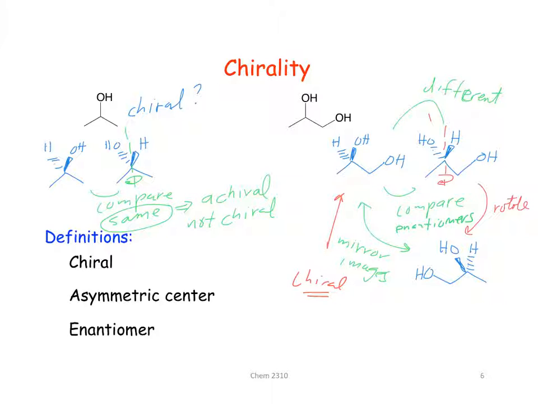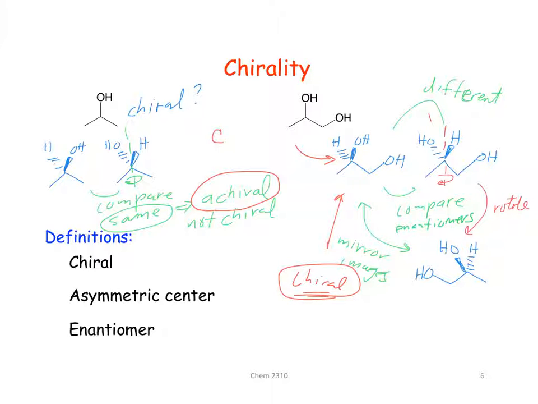Okay, so what's the difference between these two examples? The one on the left was achiral, and the one on the right is chiral. So why is that? Okay, so the one on the right has a carbon that has 4 different groups attached.